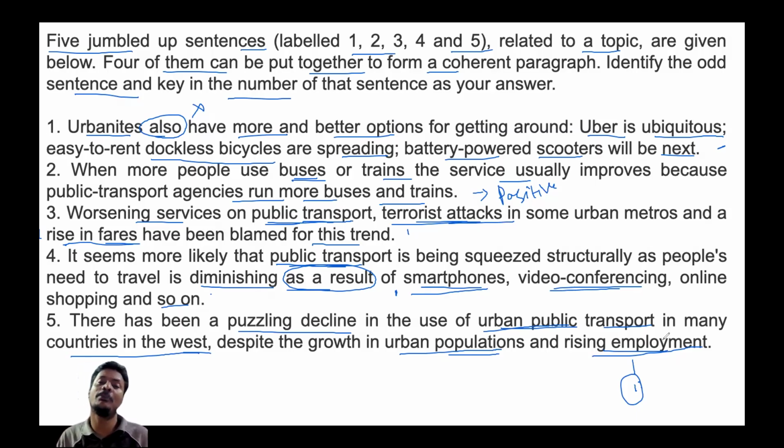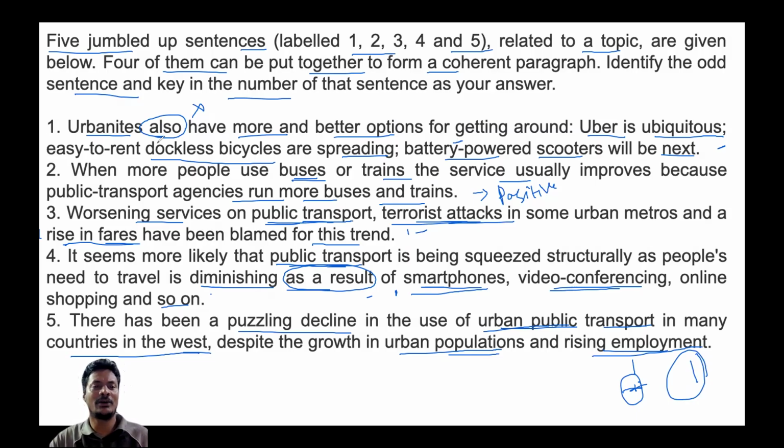So fifth is nothing but the first sentence, isn't it? So we find out a general statement. Second, if I look at option 4, option 3, and option 1, they could be the reasons behind it.